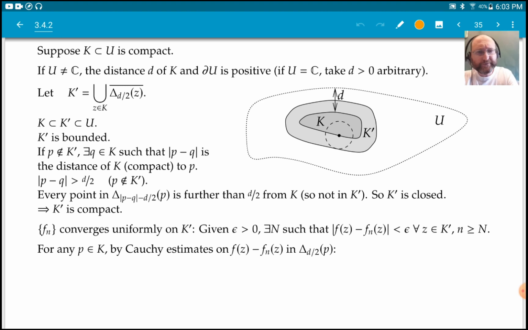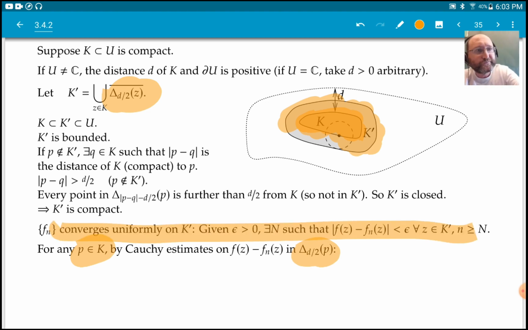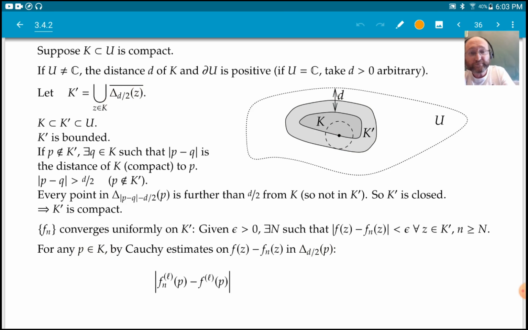So now we apply, so for any p in K, so now we look at just K, right? So we have uniform convergence on K prime, but now we look at points in K, and we apply the Cauchy estimates on one of these disks, right? Which is going to be a subset of K prime where we do have uniform convergence, right?